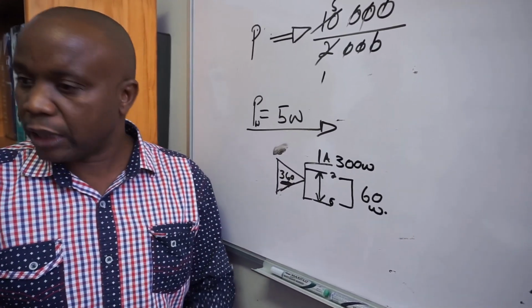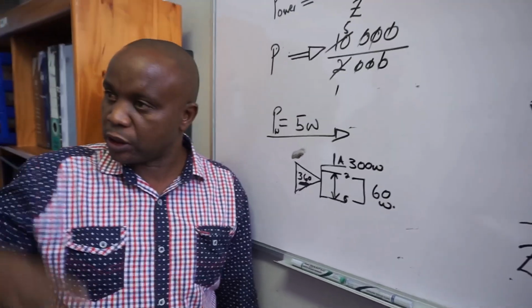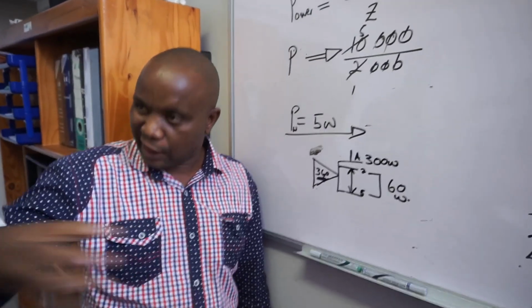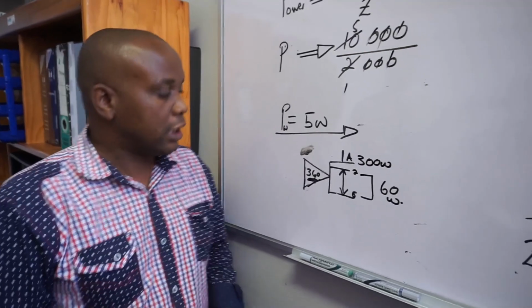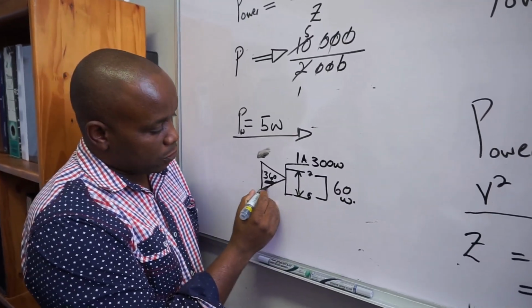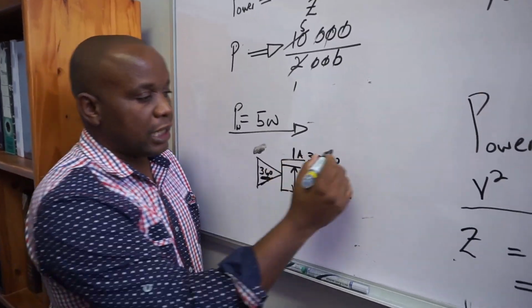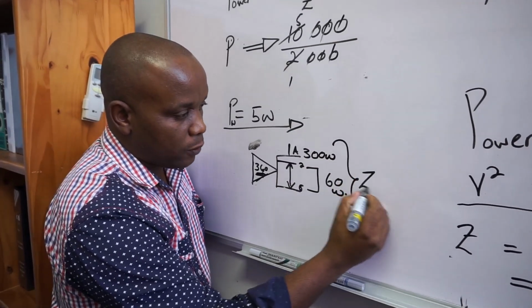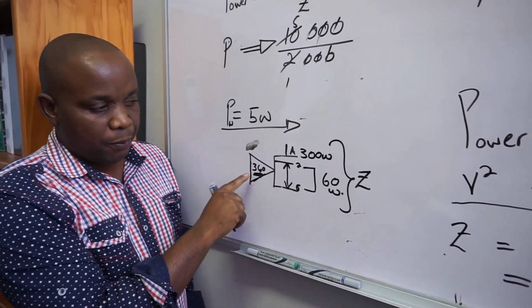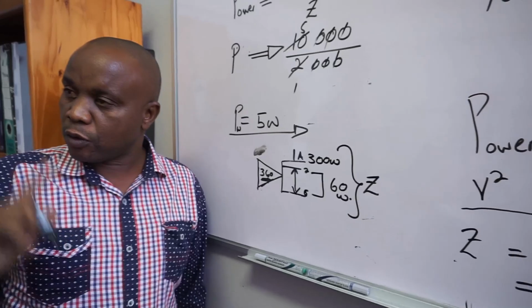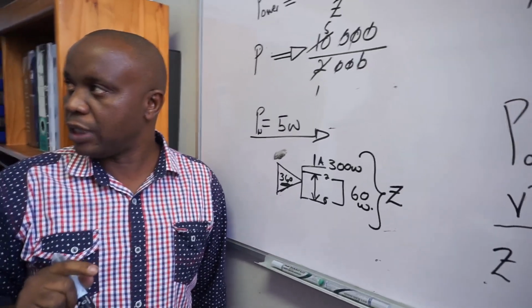The more the speaker works, there's nothing in electronics that does not produce heat. The more the speaker works, the characteristics of that speaker change. So it is important whenever you are working with an impedance meter, whatever you have measured, your Z value, when connected to an amplifier, must always leave headroom on the amplifier.